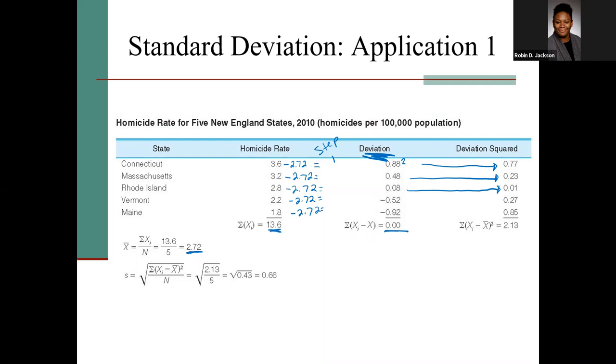Well, remember, our default is to round to the second decimal place. And since 0.7744, the 4 is below 5, you're not going to round up to the next number. Do the same thing with 0.48. 0.48 squared is going to be 0.2304.